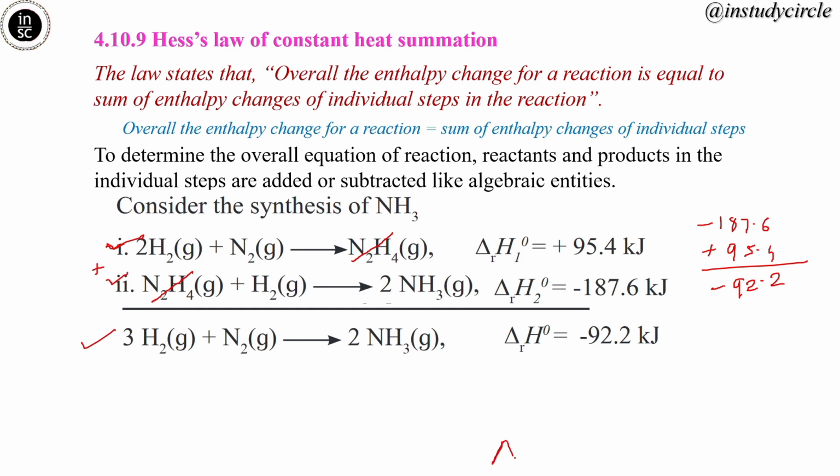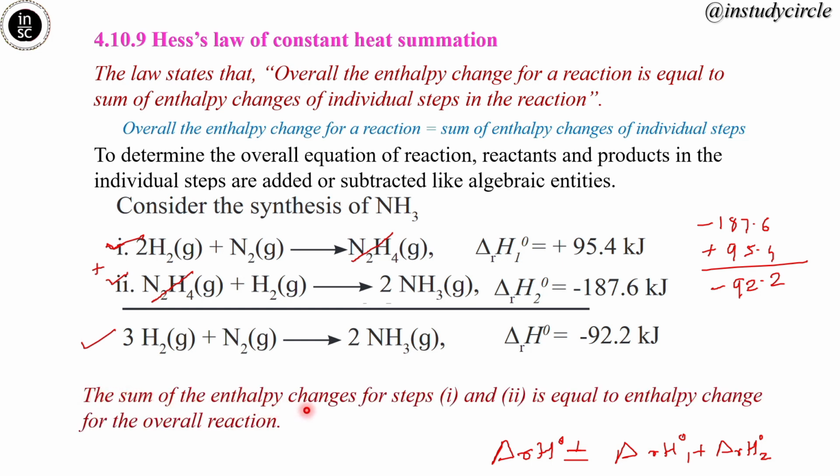This is obtained by adding the enthalpy of the first step, delta r H naught 1, plus the enthalpy of the second step, delta r H naught 2. The sum of the enthalpy changes for step 1 and step 2 is equal to the enthalpy change for the overall reaction.